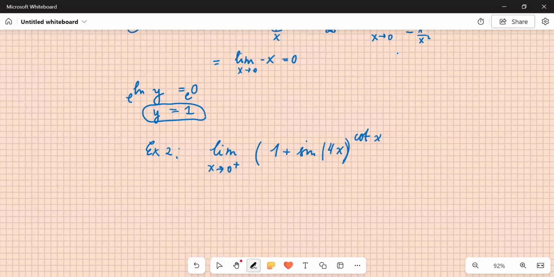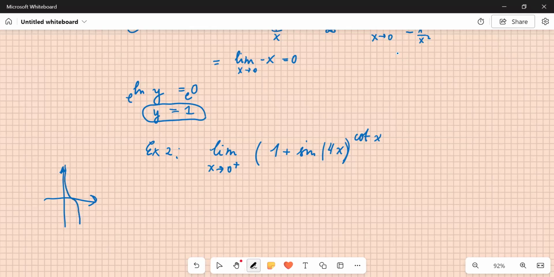Well, what do we have here, guys? What happens to the sine when x approaches 0 plus? Well, 4x still goes to 0 when x goes to 0, so we have 1 plus something very small, so almost 1, right? Cotangent. Well, guys, if you forgot how cotangent looks, it looks like this, I guess.